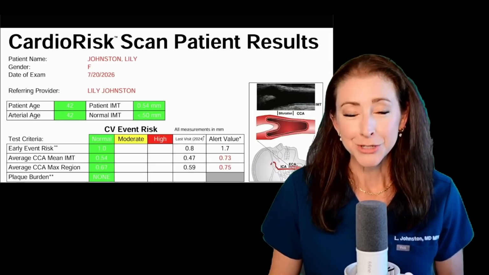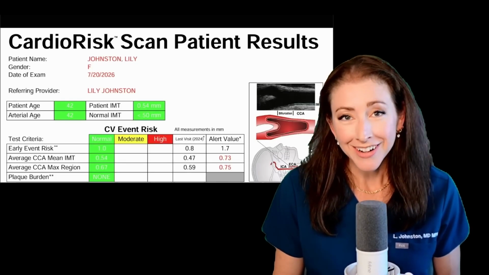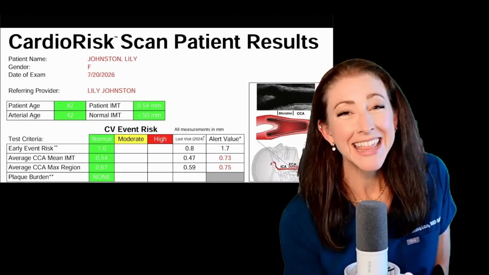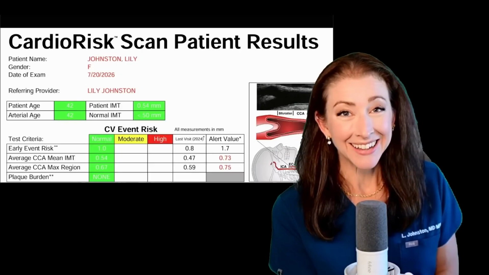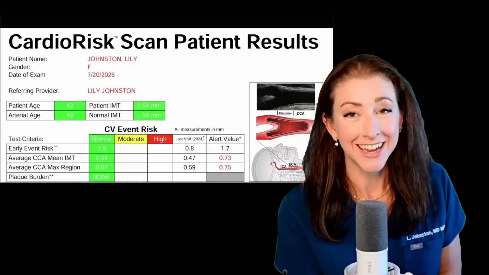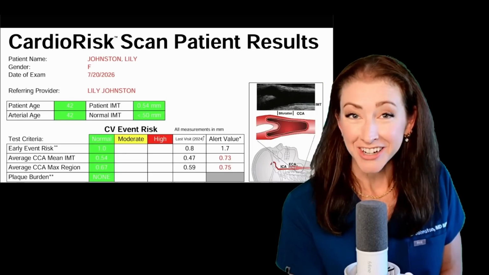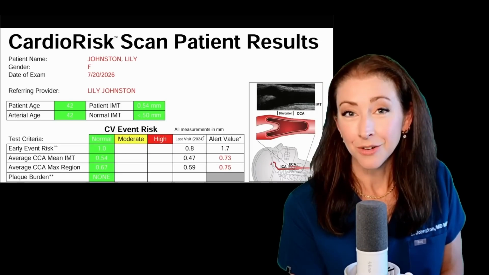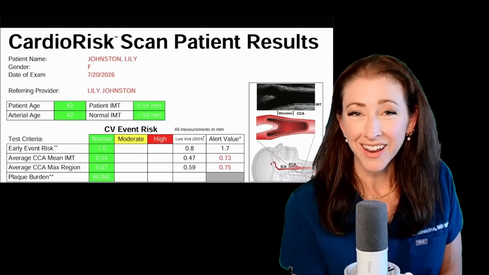My actual age is 42 years old. My arterial age is 42 years old. That is concordant. It should be fine. But when I had this done 2 years ago, my arterial age was about a decade younger than my chronologic age. And what that means is that there's been a significant progression in the IMT, or intimal medial thickness, in my arteries. And that's a little disappointing, right?